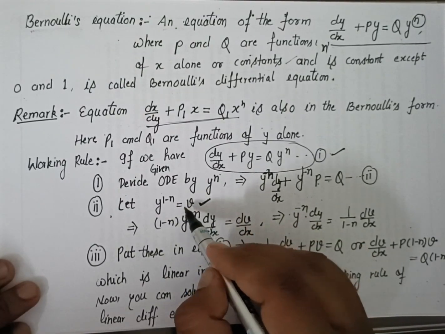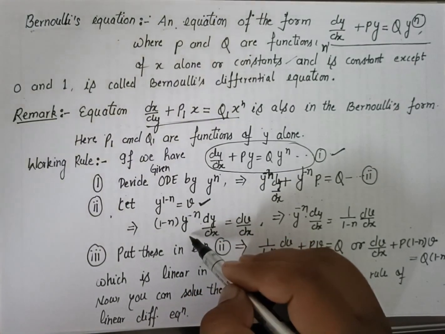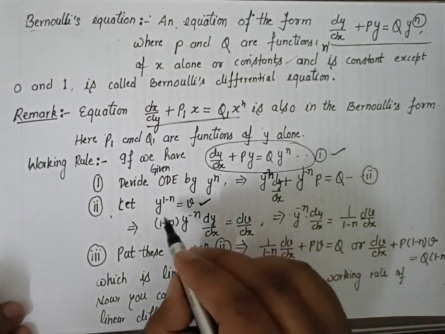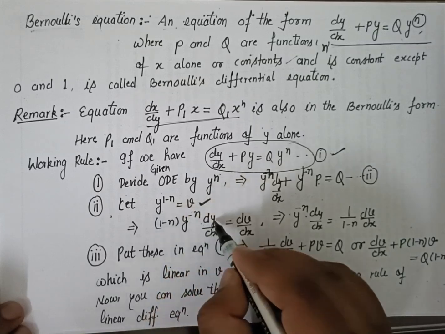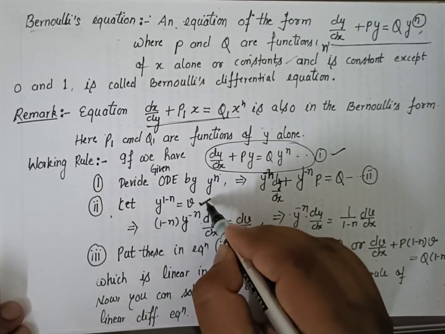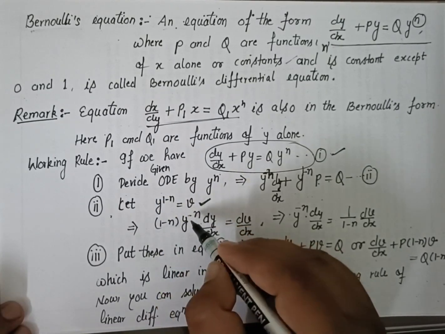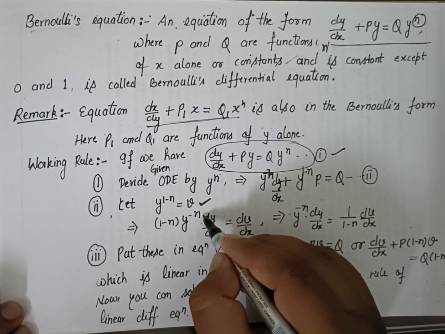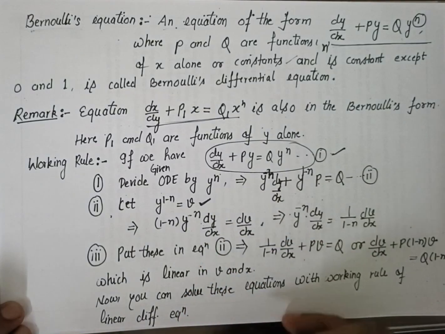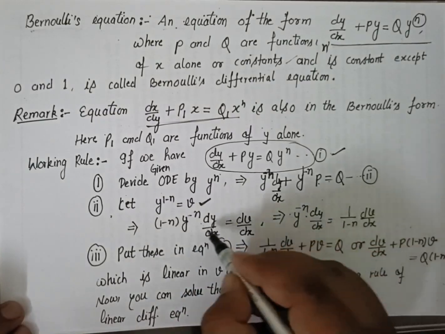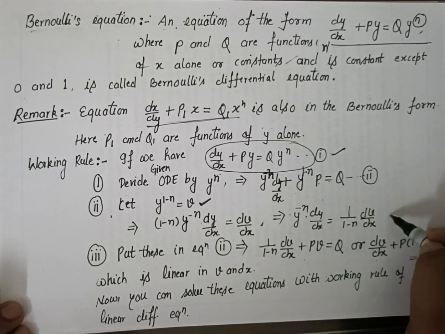Then we differentiate this equation with respect to x, so we get (1-n) y^(1-n-1), that is, y^(-n) dy/dx = dv/dx. After dividing by 1-n, we get this finally.